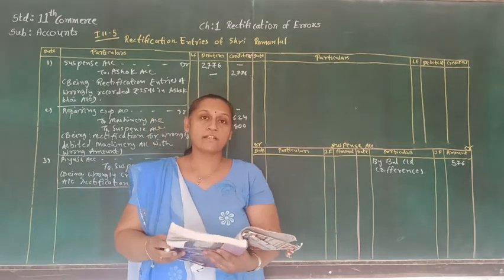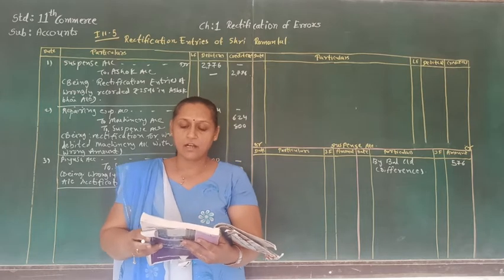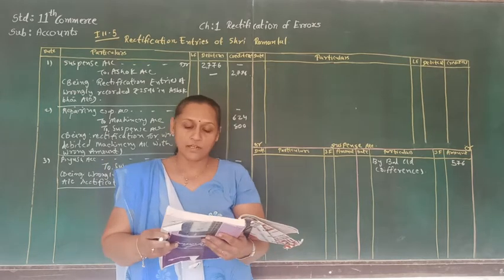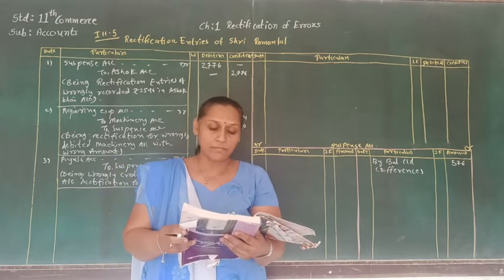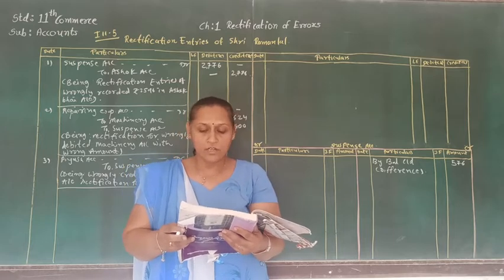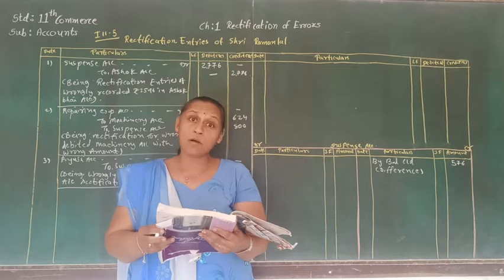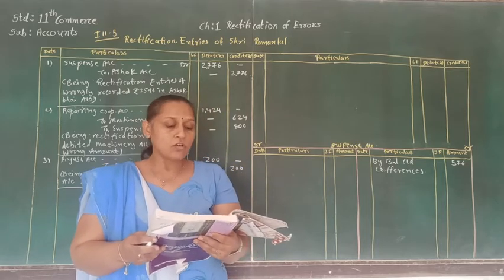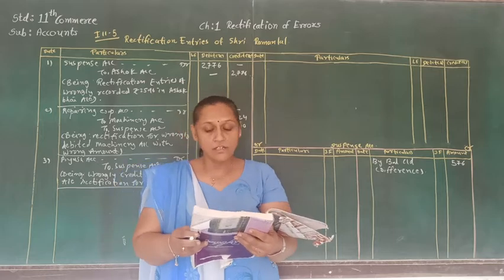Rupees 1828 paid to Narendra is debited to Mahendra account. So it is debited to Mahendra, but it is paid to Narendra. So it is supposed to be debited to Narendra account, but it is debited to Mahendra account, and here the amount is also different. 1828 is written as 1028.